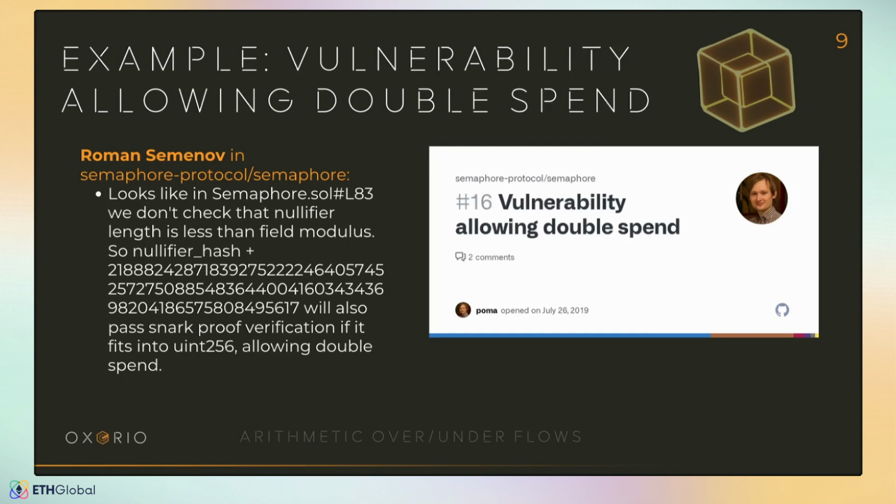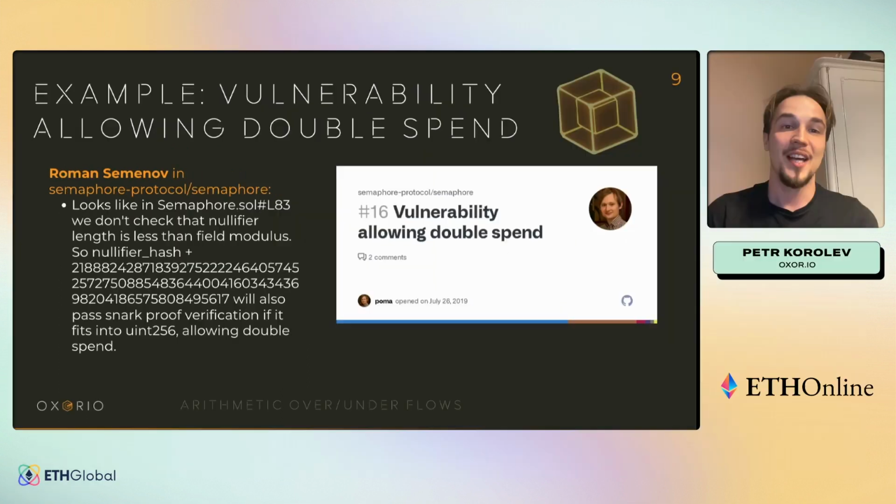The classic example of that vulnerability is the Semaphore double spending vulnerability, which was found by Roman Semenov. Yeah, Peter. This is a real example of our friend who found that many libraries that work with ZK are vulnerable to double spend.